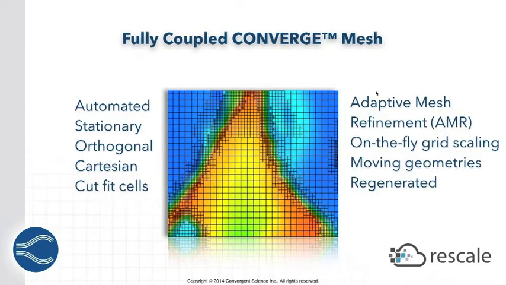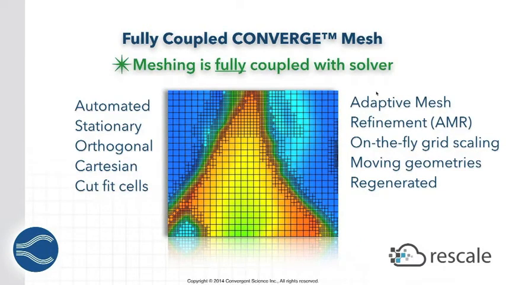Converge uses this automated, fully coupled structured orthogonal Cartesian mesh that is cut-fit to represent the geometry exactly. We also offer AMR, on-the-fly grid scaling, and handling complex geometries and moving geometries is just as easy as non-moving for us.